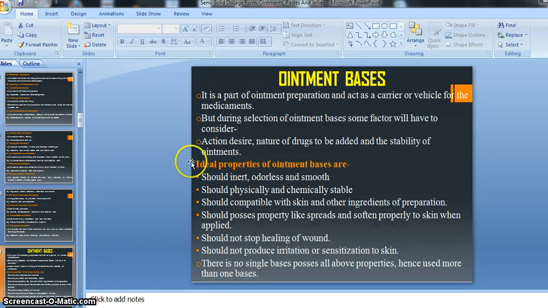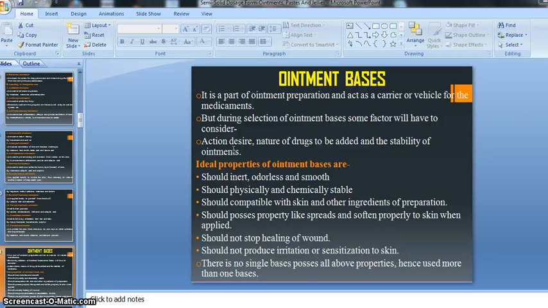Then our ointment basis. As with emulsion and suspension, we know there is a use of two kinds of phases, disperse and continuous phase, or vehicle.